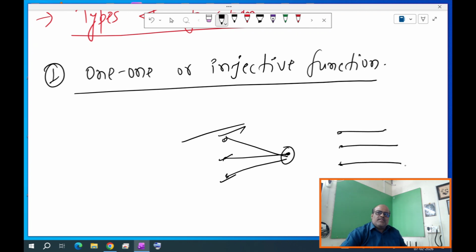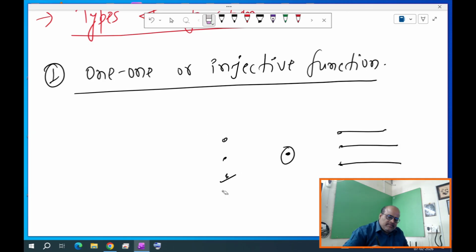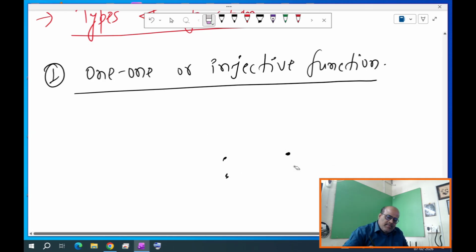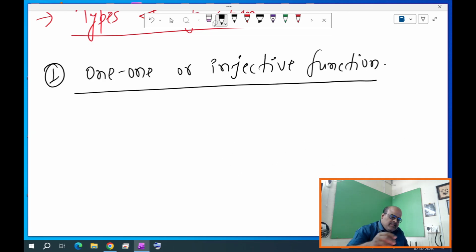This is called a 1-1 function. All are given separately, unique and distinct. All images are unique already, no doubt, but here we need unique and distinct. That is called a 1-1 function. Okay, don't fear any definition, don't fear by name.